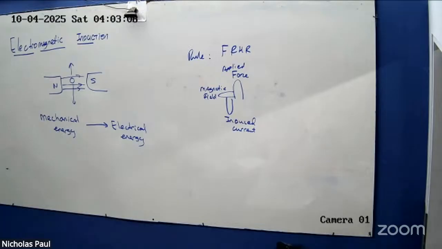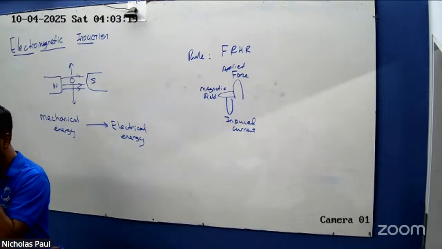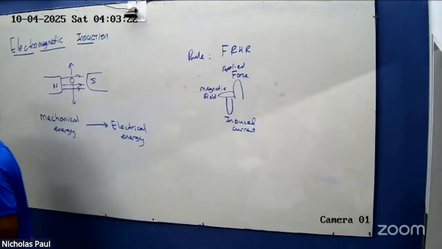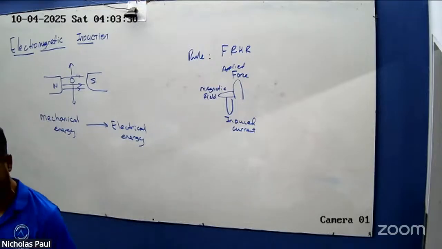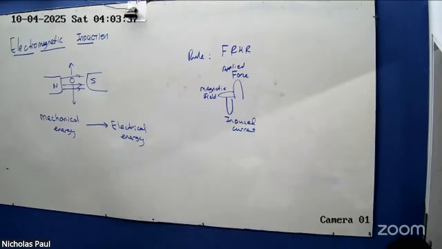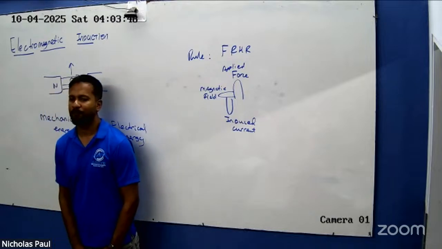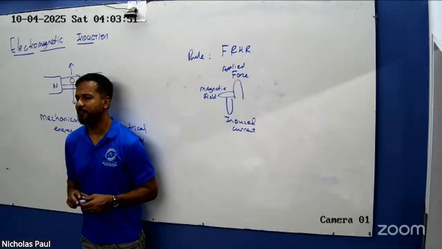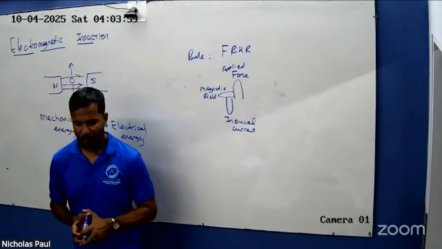When a conductor is moved through a magnetic field, it continuously cuts the field lines.